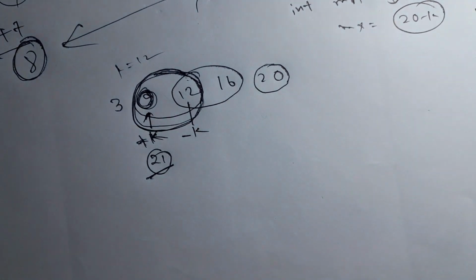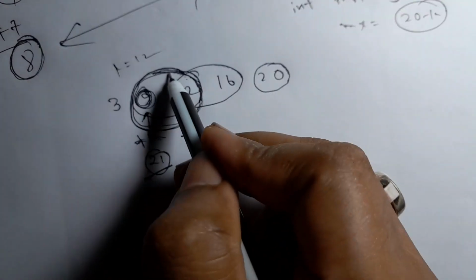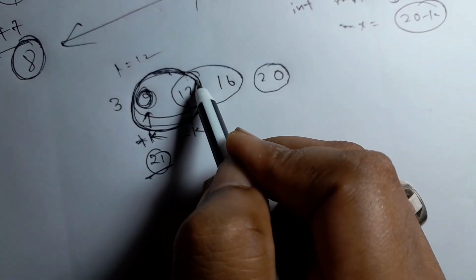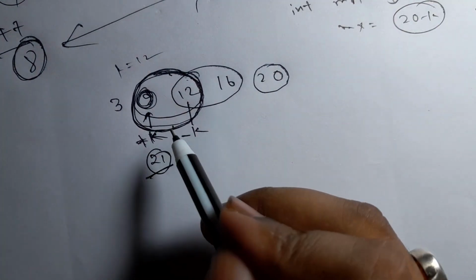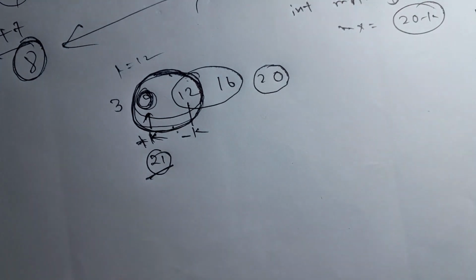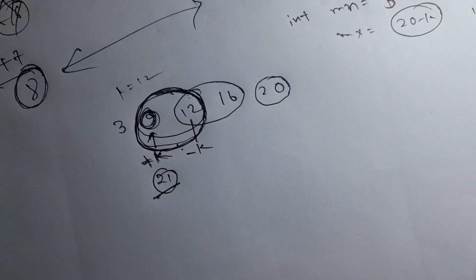So we have to keep track of which is the maximum element and which is the minimum element after the k operation. Every time we compare adjacent elements, we have to keep track of the minimum and maximum element. Hope it is clear.